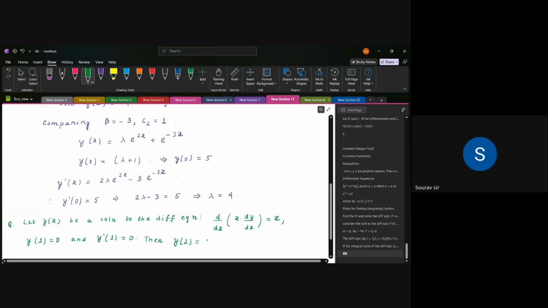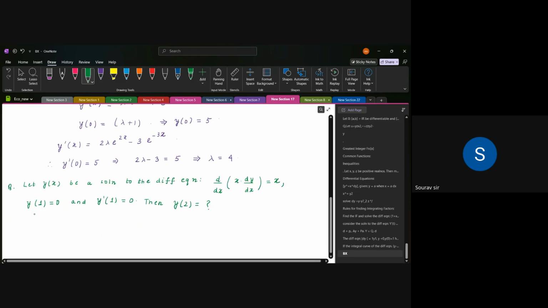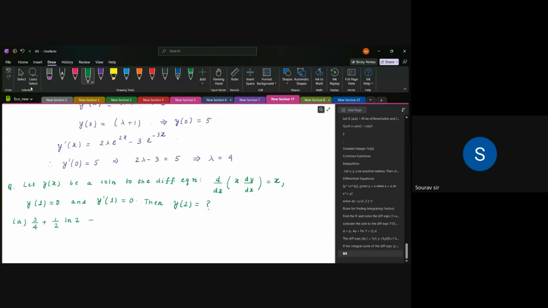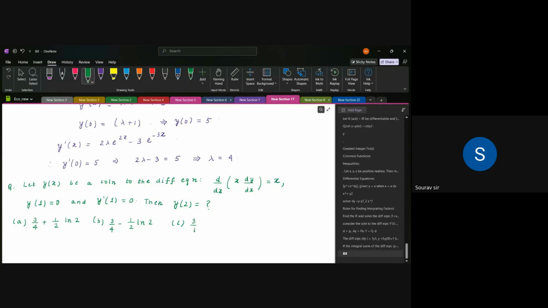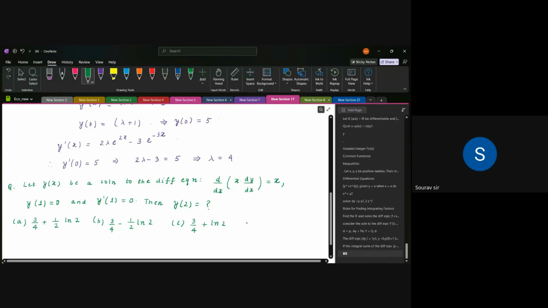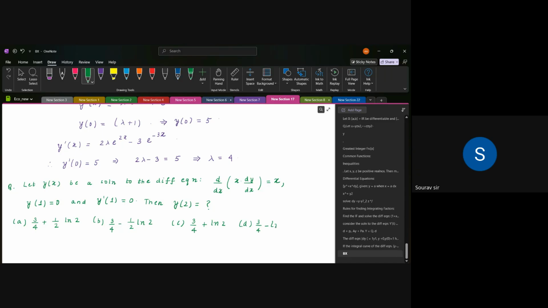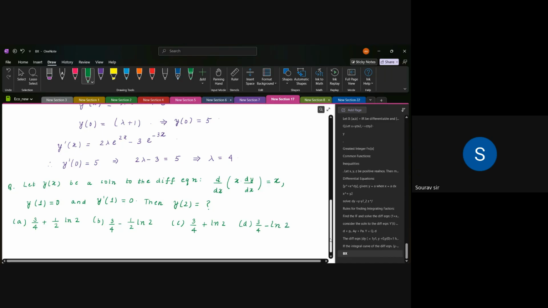Then y of 2 is equal to how much? Option A, 3/4 plus half log 2. Option B, 3/4 minus half log 2.